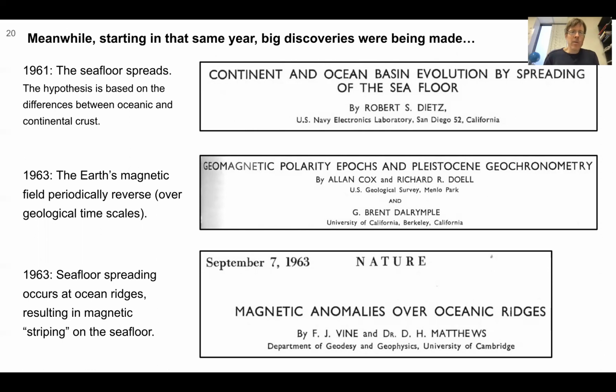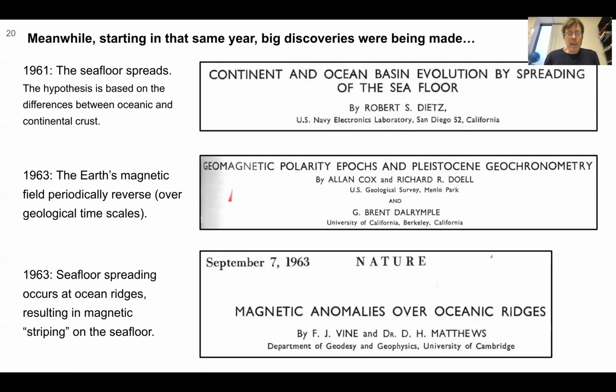And we haven't even talked about these topics, but the point is that he was coming at it from a very different place, but said the seafloor spreads. 2 years later, in 1963, based on measurements of magnetic properties in rocks of different ages, Cox and others said that the Earth's magnetic field periodically reverses, at least over these geological timescales.